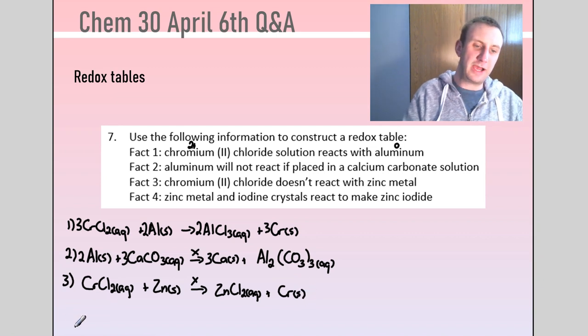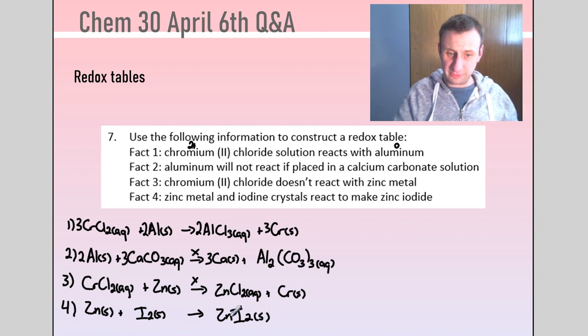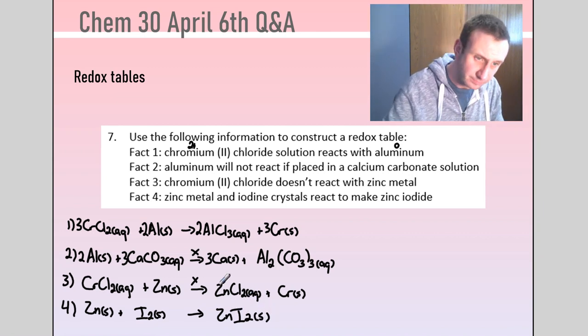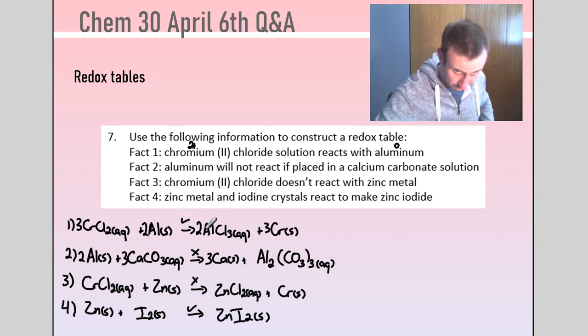Okay, and then finally reaction 4, zinc metal and iodine crystals react, so they do react. So Zn solid plus I2 solid makes ZnI2, right? Balancing the charge, 2 positive, 1 negative, and I'm done there. And that does happen.